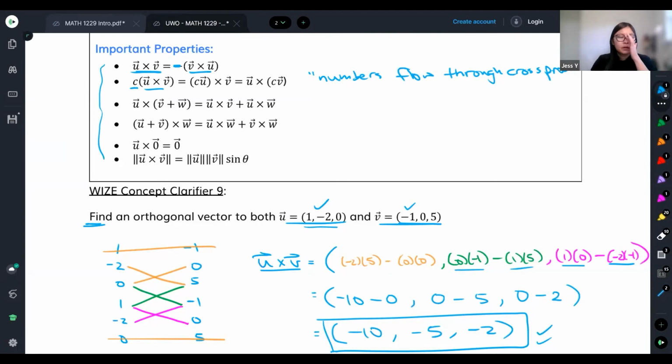Okay. Next two properties involve brackets. It's the same as with high school math. If you have something and you're multiplying it by a bracket, you can multiply it in. So U cross V, U cross W, you can multiply it in. Same with if you have it at the end here, you'll do U cross W and then V cross W.